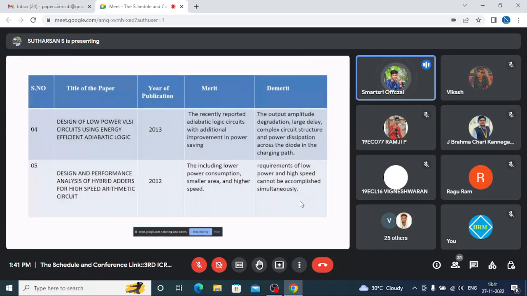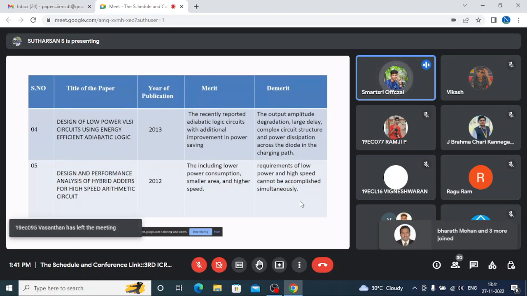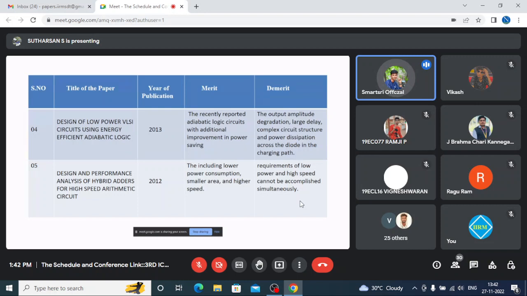Sir, coming to the next slide, the fourth one: design of low power VLSI circuit using energy efficient adiabatic logic, implemented in 2013. The merit of this project is that it improves power saving and energy.